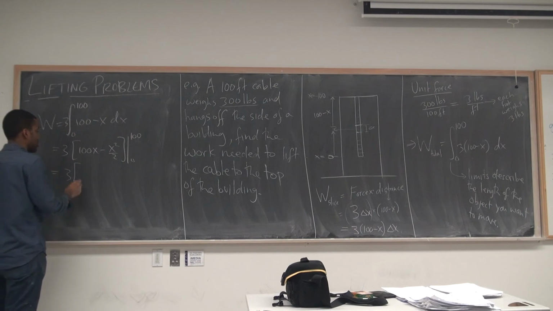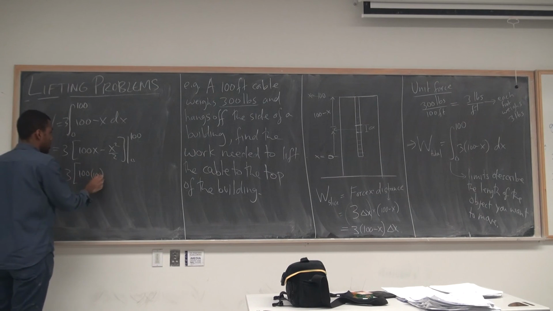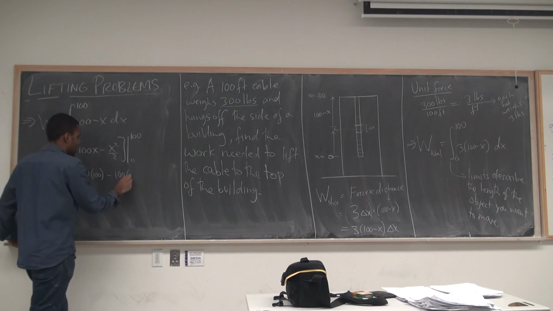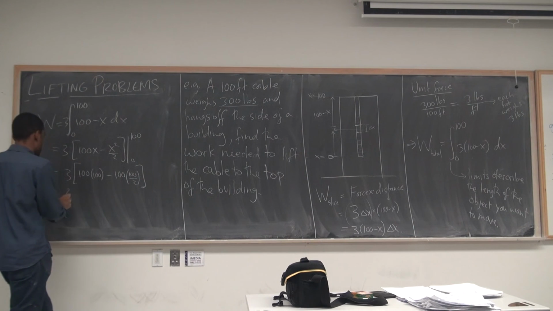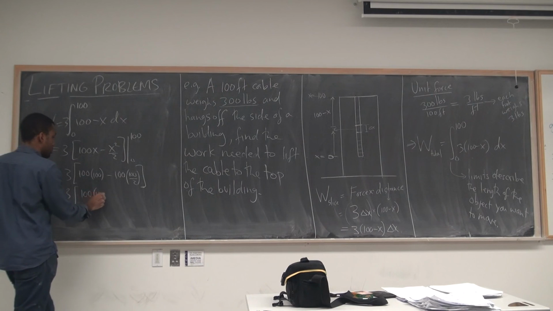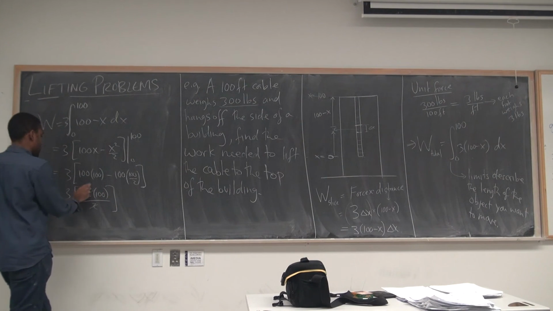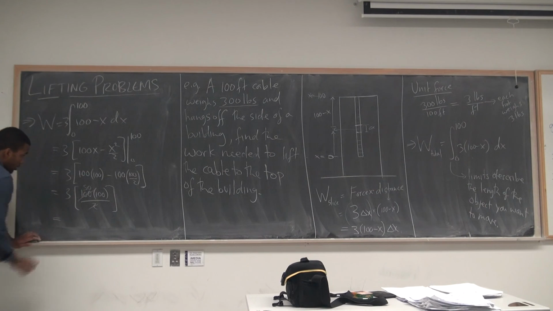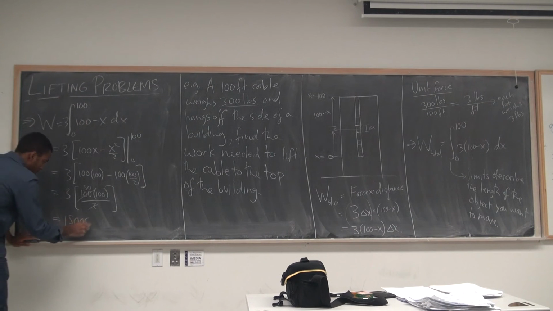This would give me 100 times 100 minus 100 times 100 over 2, which just gives me 100 times 100 over 2. So that's 50 times 100. It's 5,000 times 3. It's 15,000. What are my units? Pound feet.